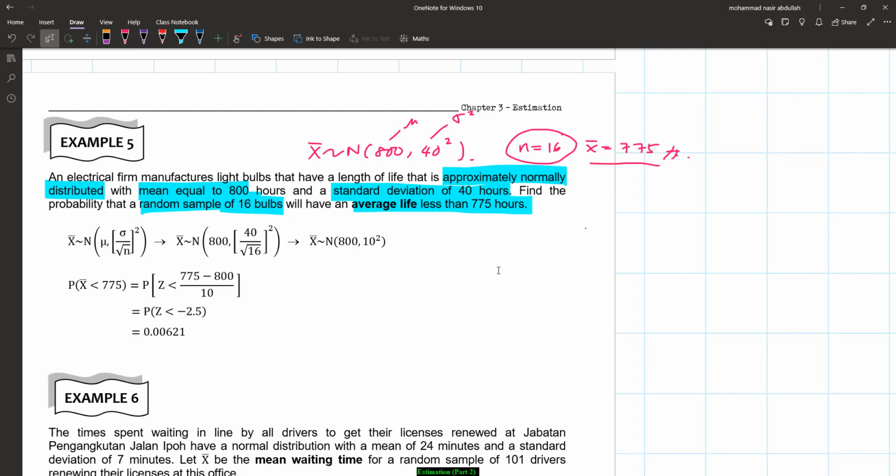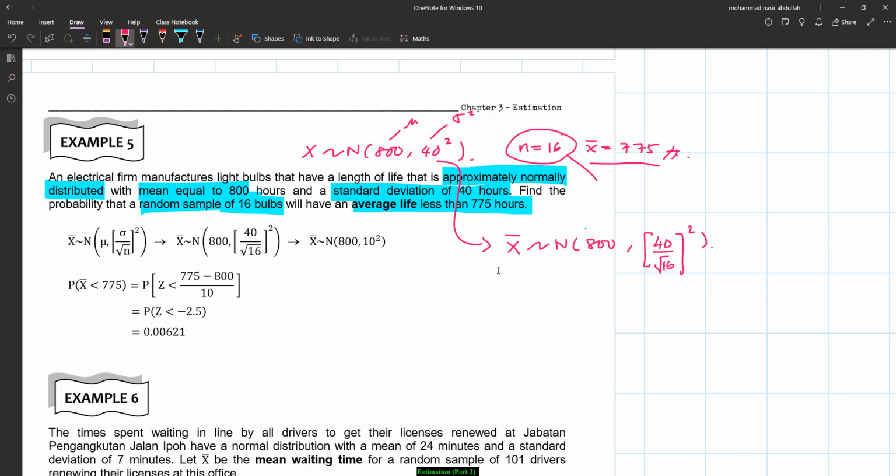Here this is only the x bar value. If you want to convert it to the standard sampling distribution of the mean, the mean is equal to 800 and the standard error is equal to 40 divided by the square root of 16.